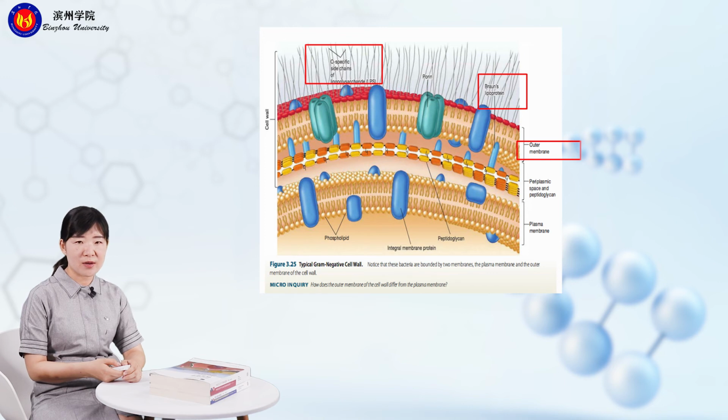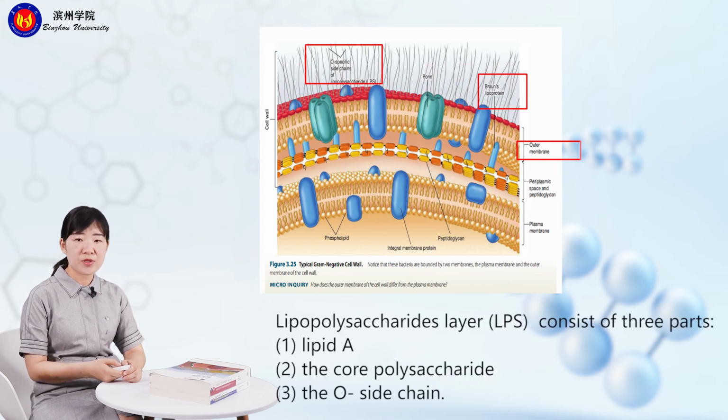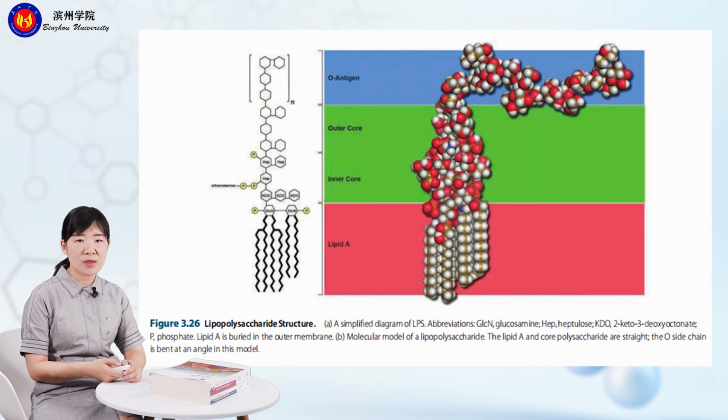See the red layer. The lipopolysaccharide layer consists of 3 parts: lipid A, the core polysaccharide, and the O side chain. The LPS from Salmonella has been studied most.